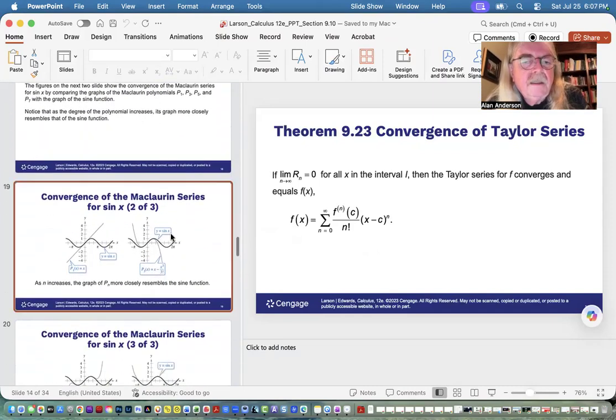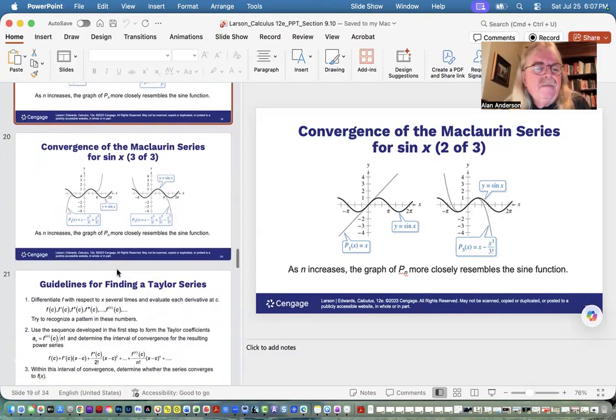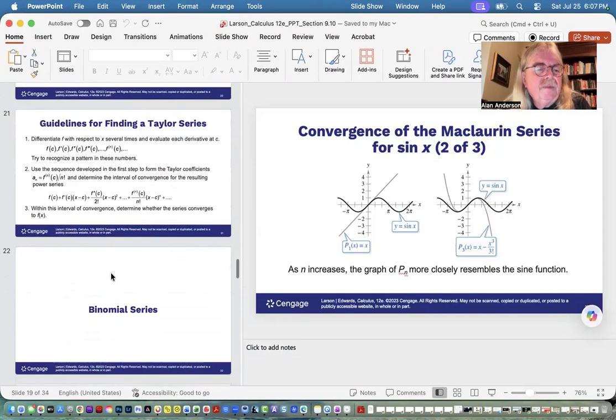So here, this is what I was talking about before, how you could use, for example, a third order polynomial to approximate this. These are the two terms that we came up with, x minus x cubed over 3 factorial. And you can see it does, at least over a limited range, a pretty good job of approximating the function y equals sine x.